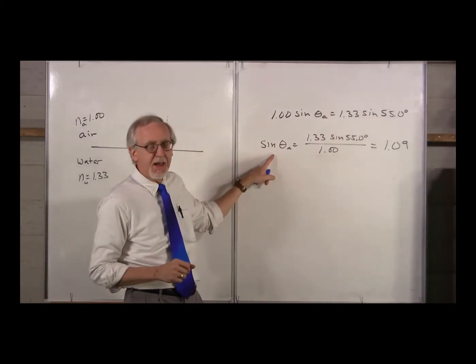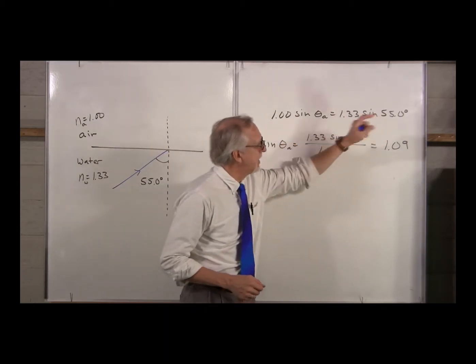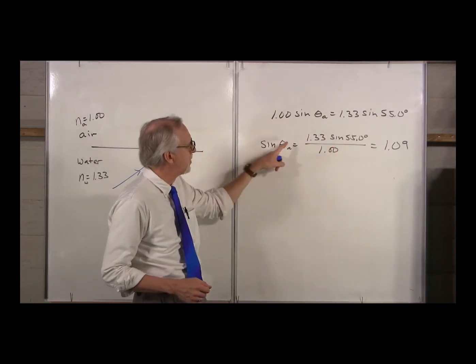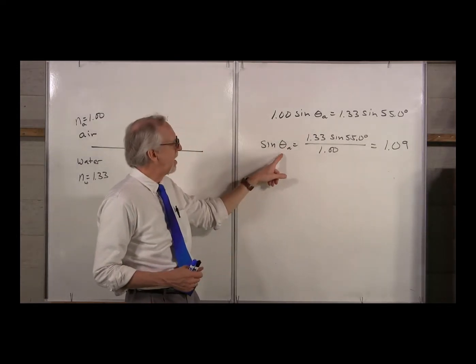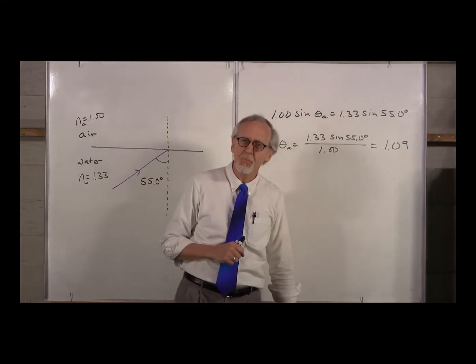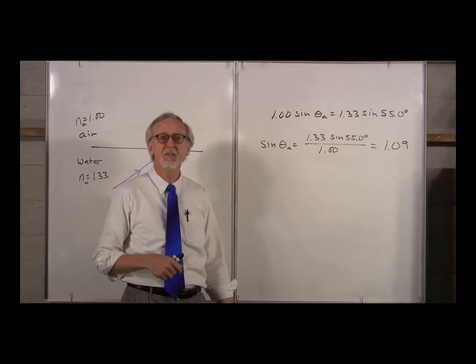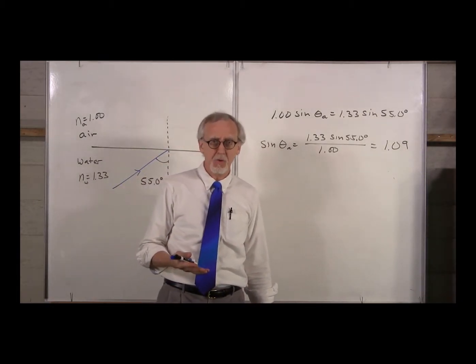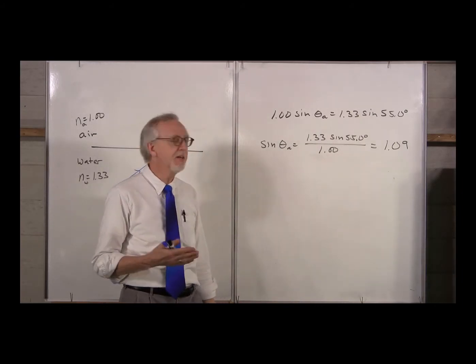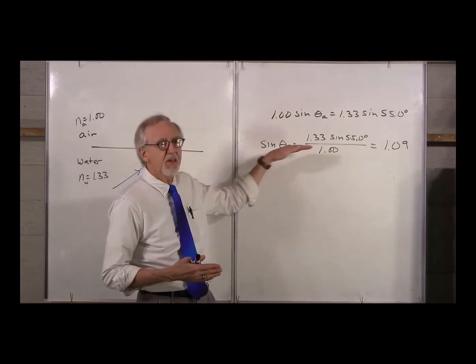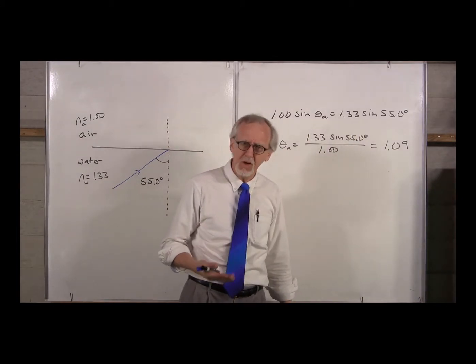So sine theta air is equal to 1.33 sine 55 divided by 1. Divide that out, and we have 1.09. So theta air is the inverse sine of 1.09, which, if you tried that on your calculator, you can't do it. There is no angle that will give you a sine that is larger than 1.